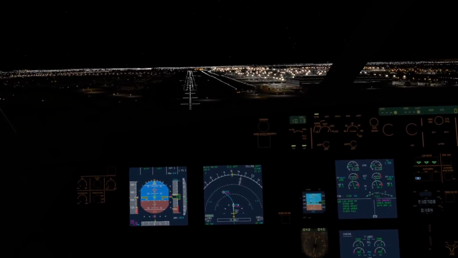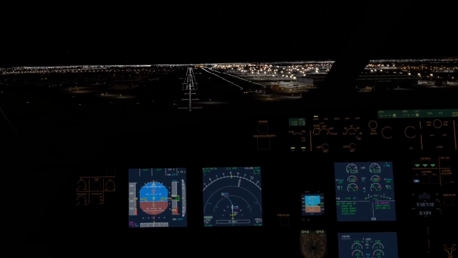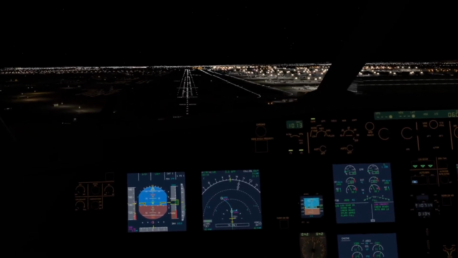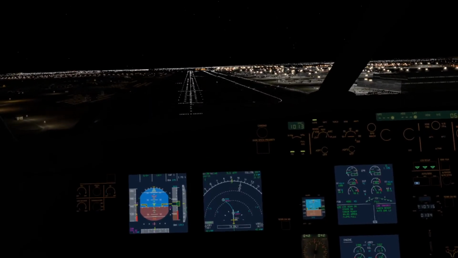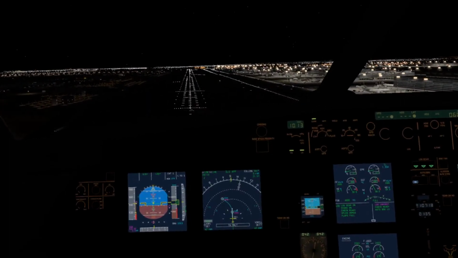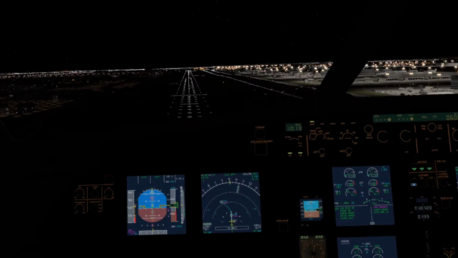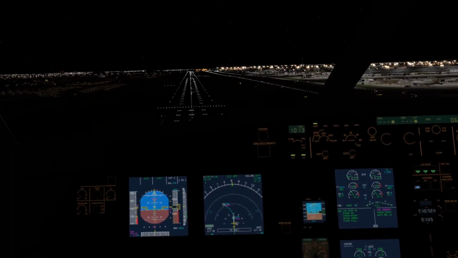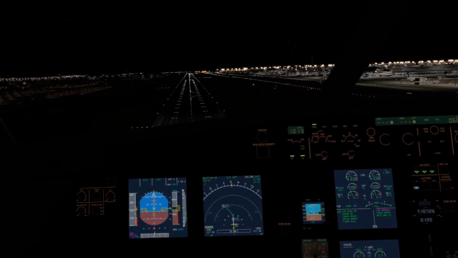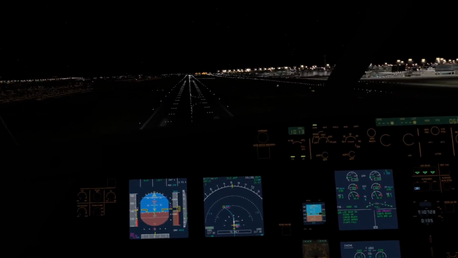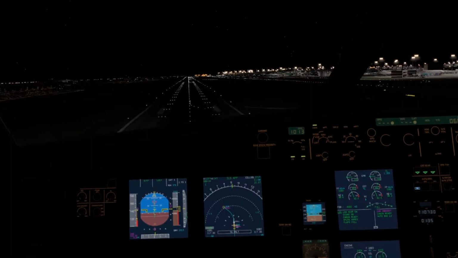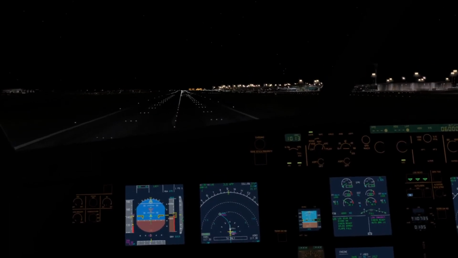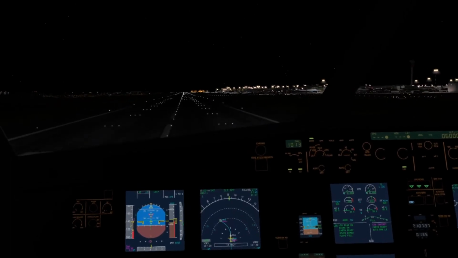Two whites. 300. 200. Continue. 100. 50. 40. 30. Retard. Retard. Retard.